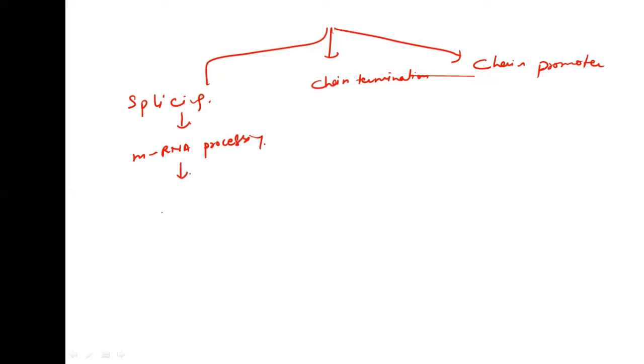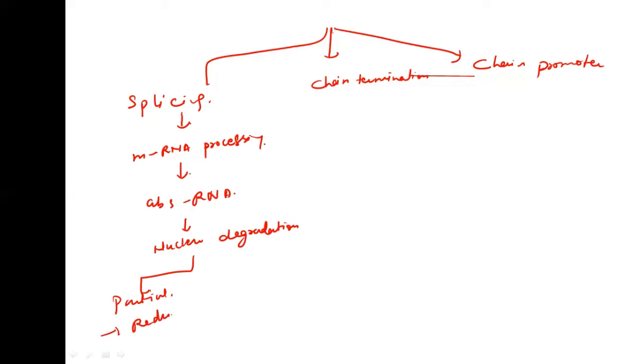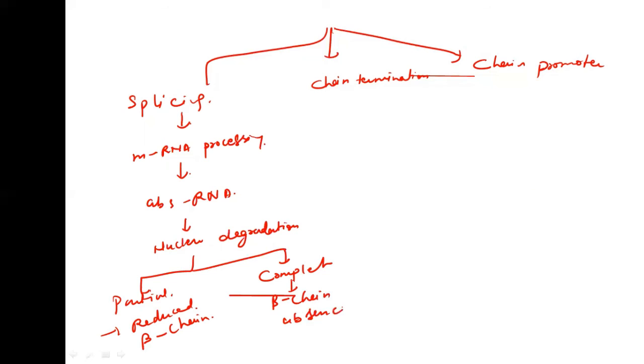And there is absence of RNA, which leads to nuclear degradation, and that will lead to partially reduced beta chain, or maybe complete beta chain absence.